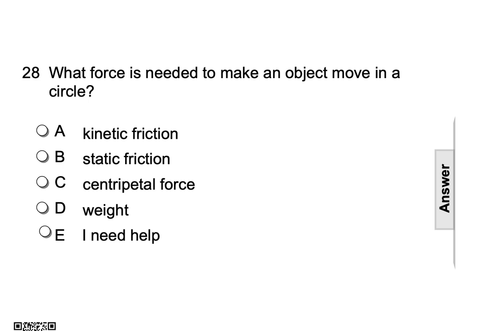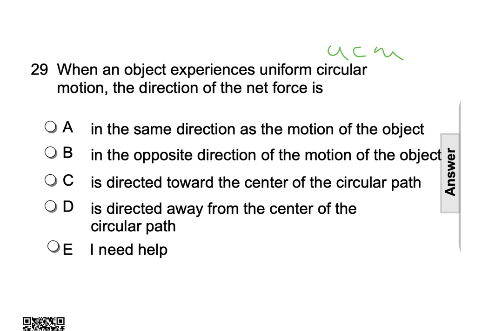Ridiculously easy. Now, centripetal force could be friction. It could be the gravitational force or the weight. It could be tension. But in all cases, it's a centripetal force. Direction of that force is always directed towards the center of the circular path.